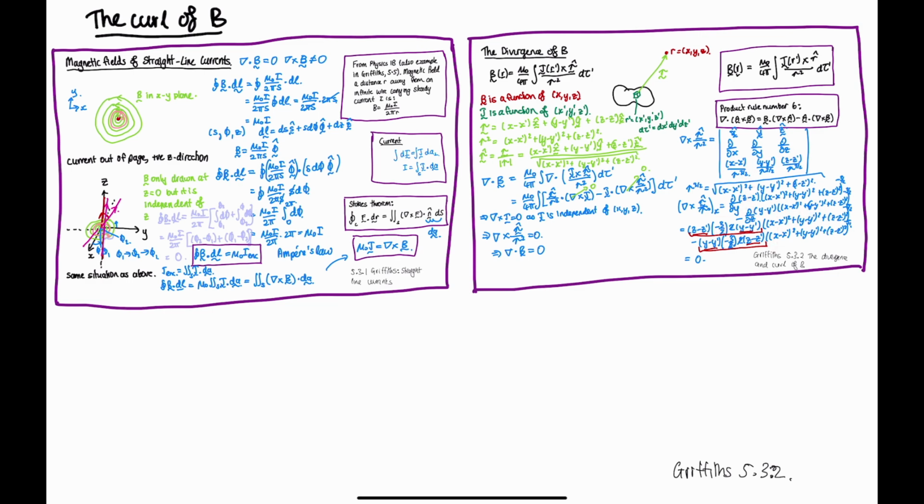There's also a lot of steps within the proof for the curl that are in sections of the textbook that we haven't covered. So I think since we're physicists, let's just go with our more intuitive understanding of the curl of B that we came up with on this slide here, rather than working through everything.